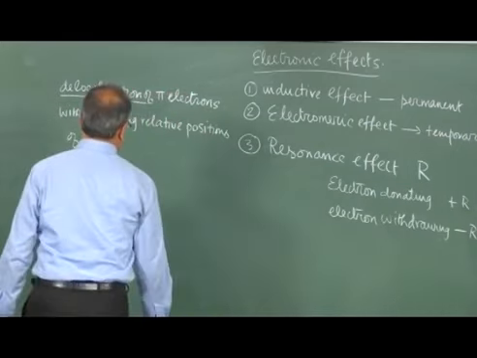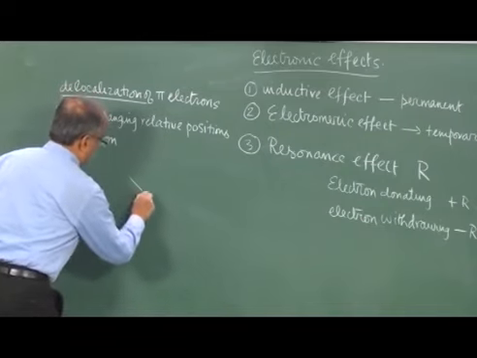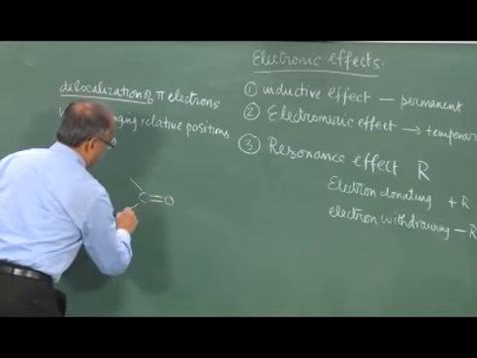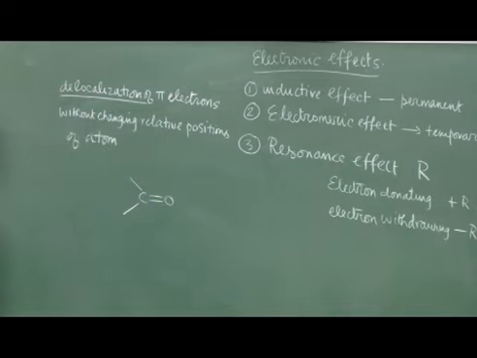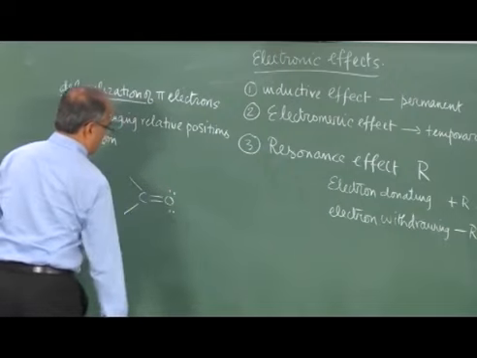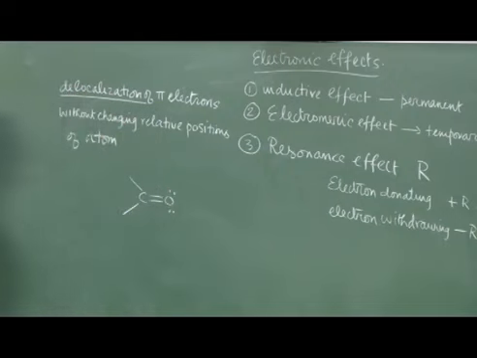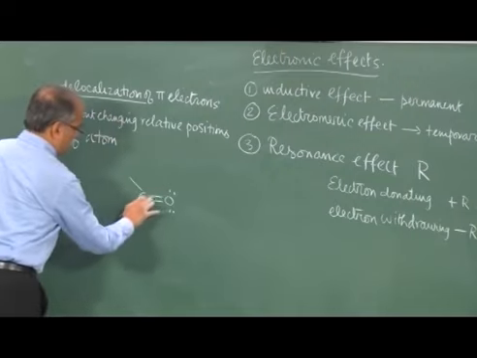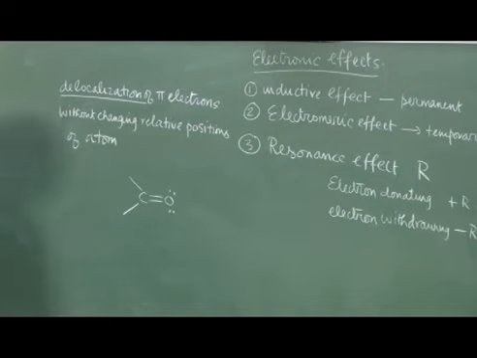Let us illustrate it with a simple example of a carbonyl functional group. Now, what would be a resonance structure of the carbonyl functional group? Remember, there are 2 lone pairs of electrons on the oxygen. The pi bond in the carbonyl functional group is more mobile than the sigma bond. So, it is possible to delocalize the pi electron.